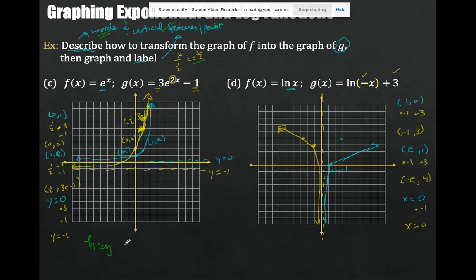C is less than 1, by a factor of a half. Vertical, what? Stretch by a factor of 3. Shift down 1 unit.